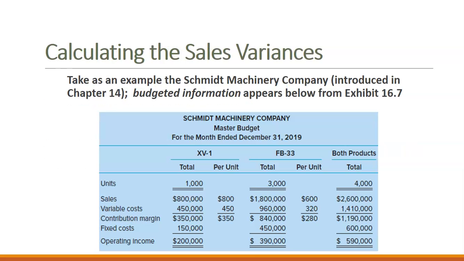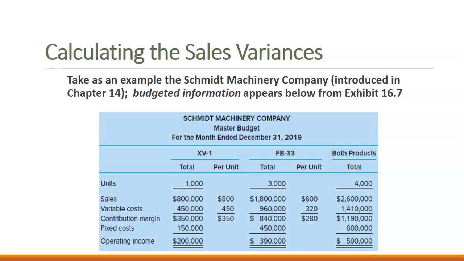So we're going to go back to this example from Chapter 14 with our Schmidt Machinery Company, where we have two products and we have a 3-to-1 sales mix on those products. So what we're looking at for the budget is what happens to our actual budget when we don't maintain that 3-to-1 relationship with sales mix in our sales.